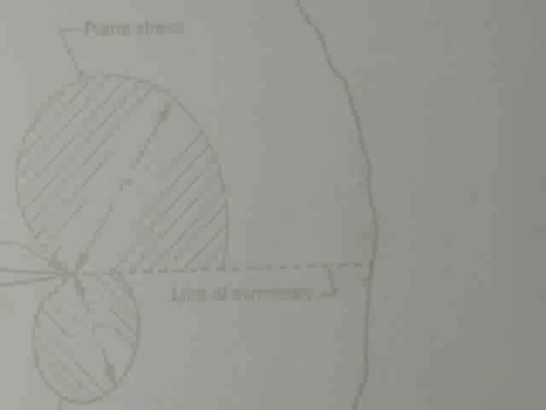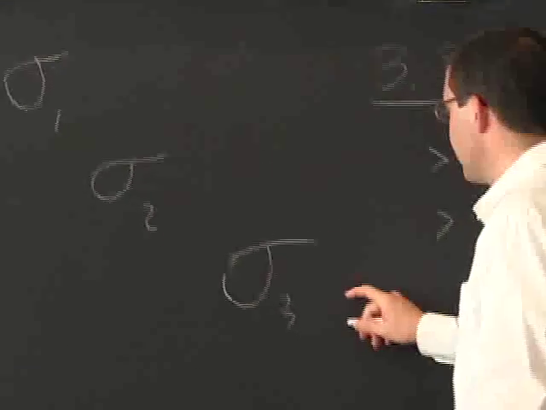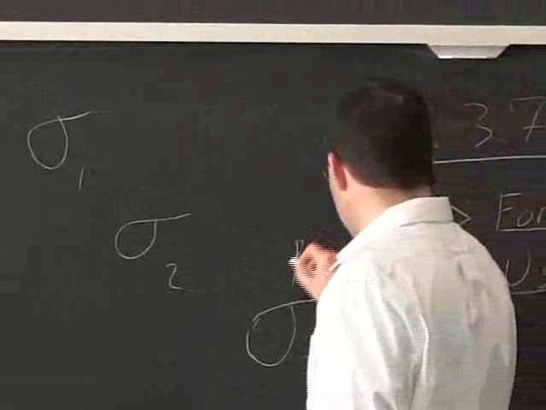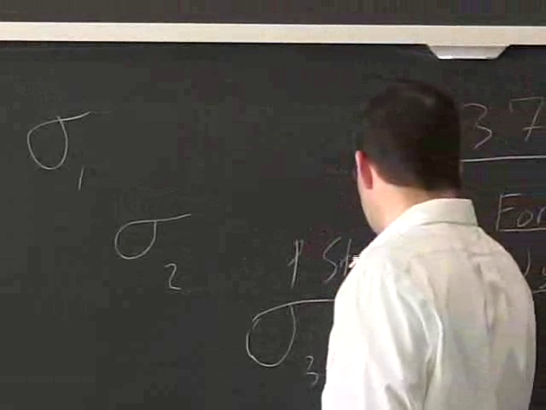If we go back to those principal stresses, so sigma 1, sigma 2, sigma 3, in this matrix form we had, when you're in plane stress, you have one here that's 0. So I'm going to call it plane stress.